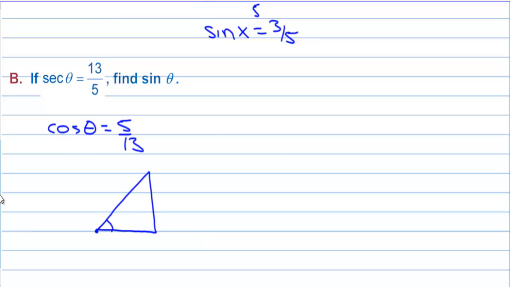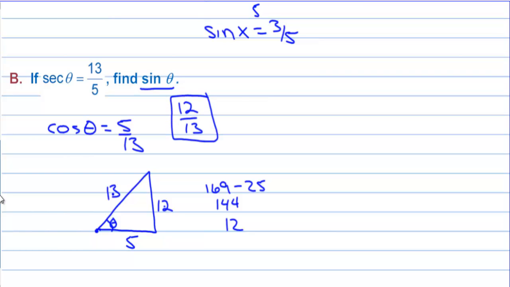So if this is the angle, then cosine is 5/13, and we need the other side. So we have 169 minus 25, that's 144. So the other side is 12. So now the sine of whatever this angle is, is 12/13. So we can't get away from using a triangle on this one.